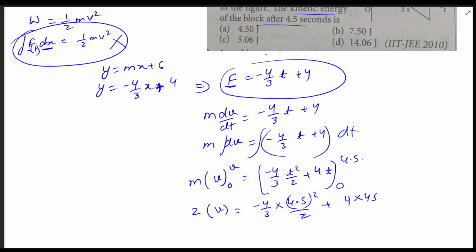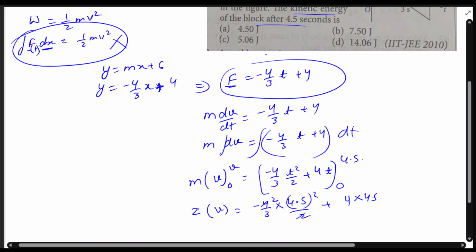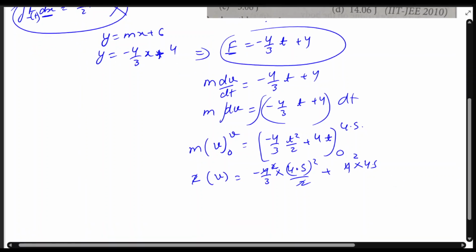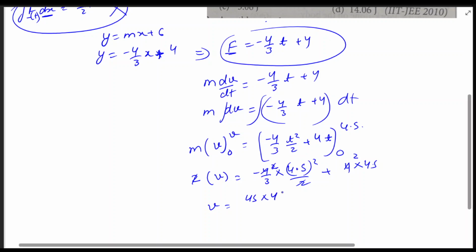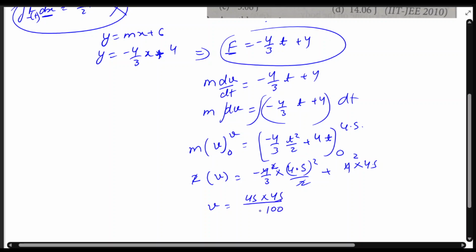Yes, so the 2 and 2 will get cancelled. We will have velocity v will be 4.5 into 4.5 divided by 100 into 3 plus 9, right?